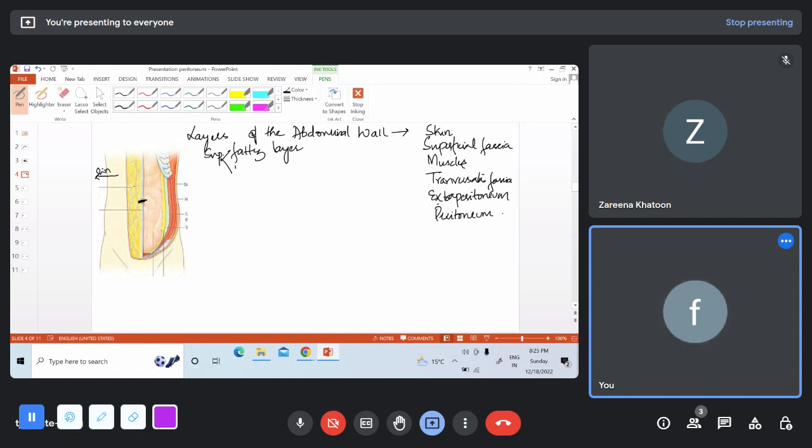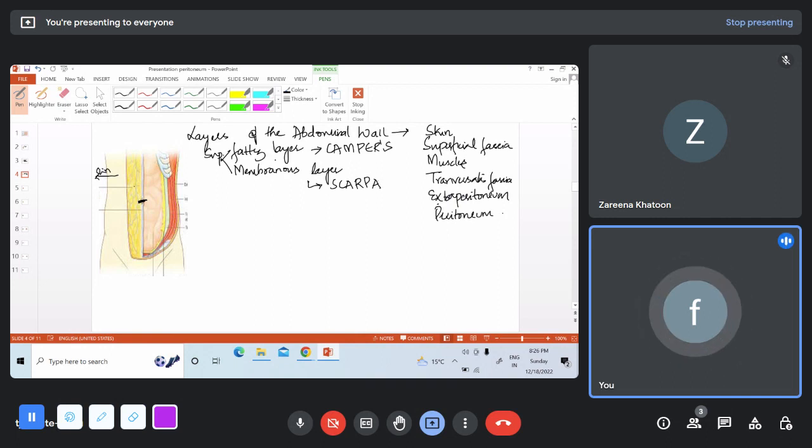And deep membranous layer. All right. This superficial fatty layer is known as Camper's fascia, and the deep membranous layer is known as fascia of Scarpa.